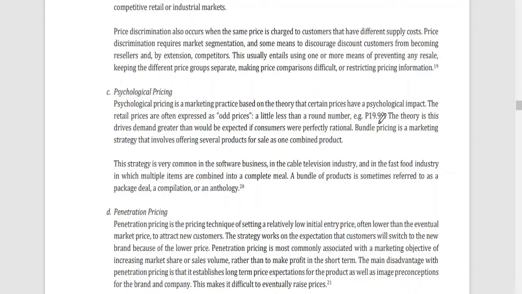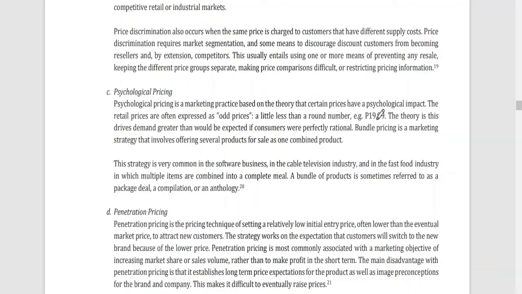Clothes, 24,399, but you round it off, right? That's 400, so 200 each. So, psychological pricing, it still seems cheaper compared to the rounded off amount. For example, 19.99, this is already 20 pesos, right? You won't even get change of 1 centavo.